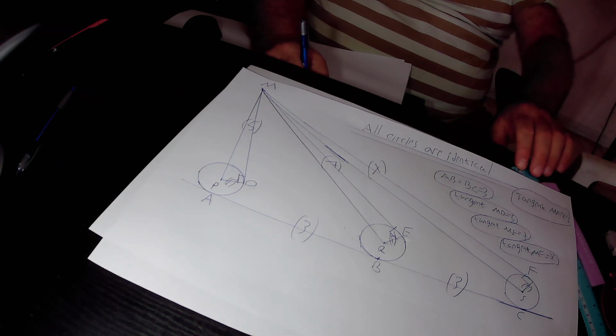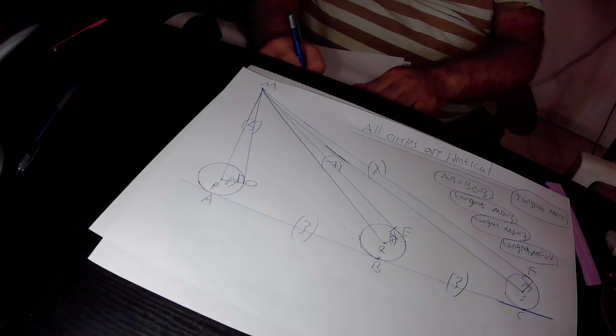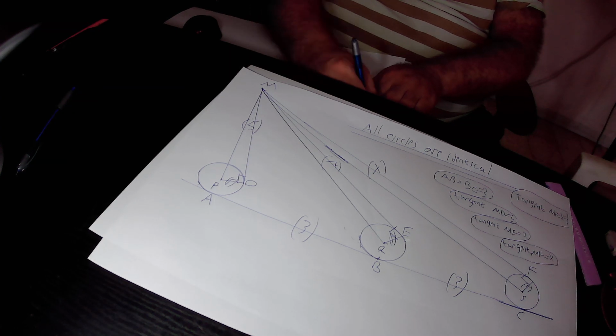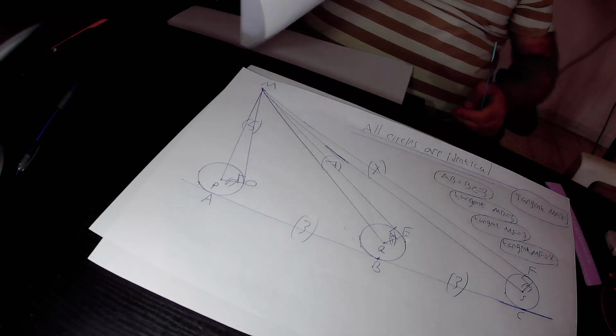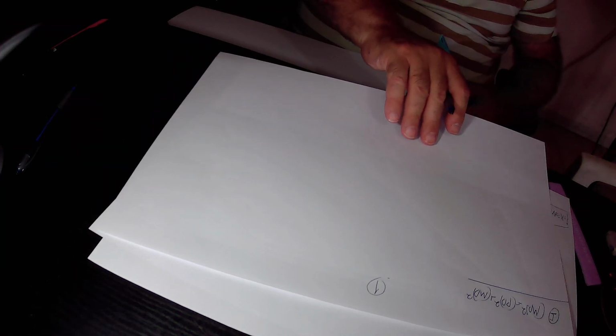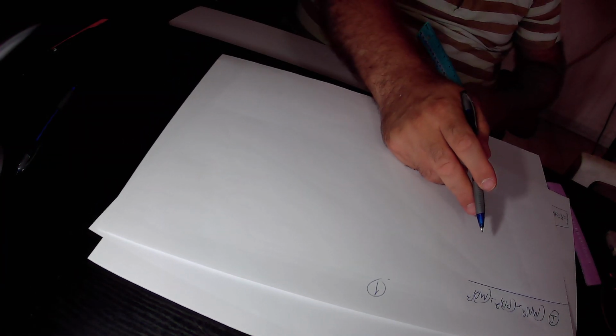So in total, according to equation 1, in the right triangle MPD, MP squared equals PD squared plus MD squared.